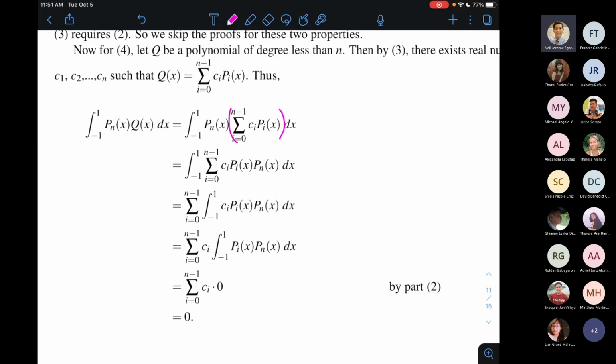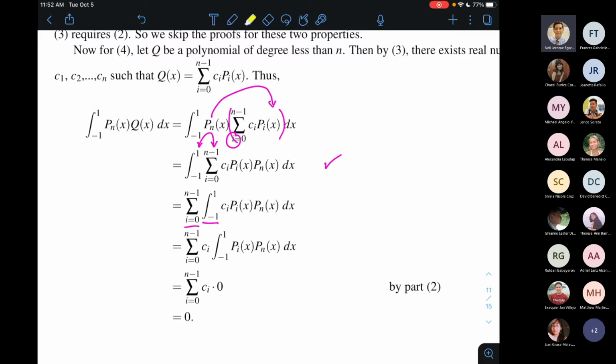Si P sub n, nilagay niya doon sa loob ng summation, because P sub n doesn't involve the index i, so pwede siyang maglabas-pasok doon sa summation. So, kaya ako nakuha itong line na to. Okay? And then I now interchange the order of the summation and the integration, kasi linear naman ang integration. So, unahin natin mag-integrate kaysa mag-summation.